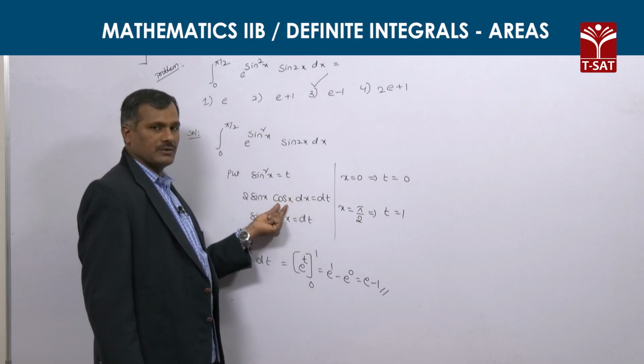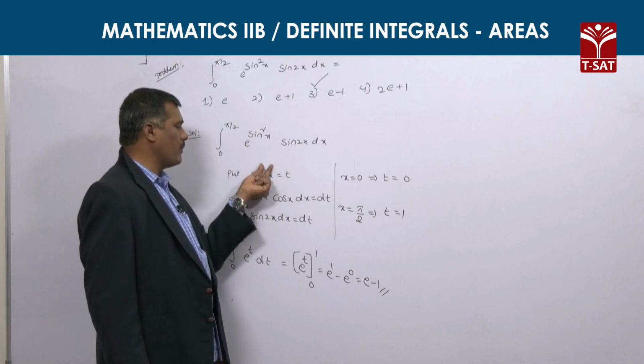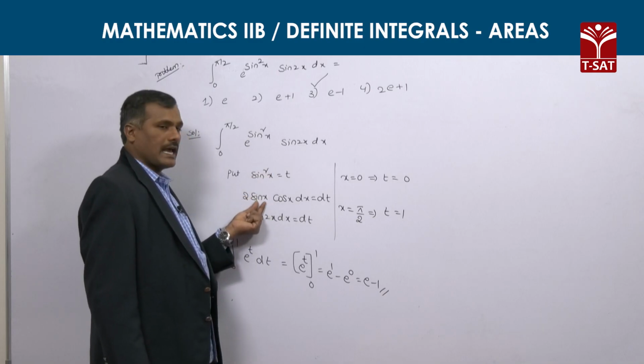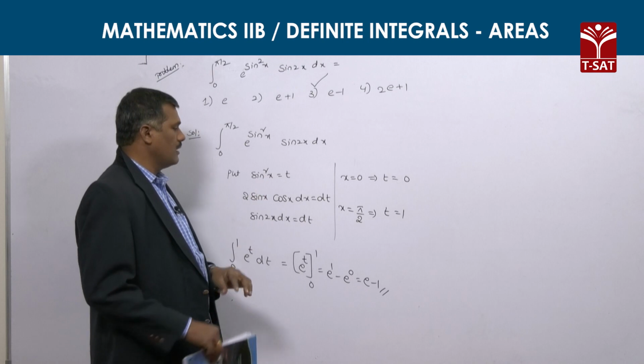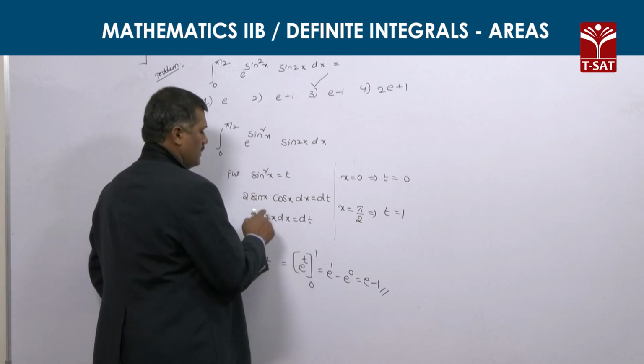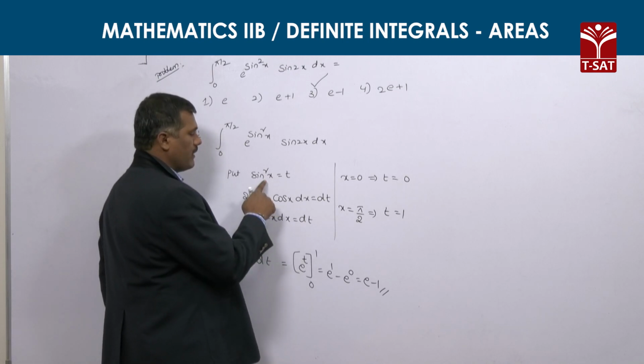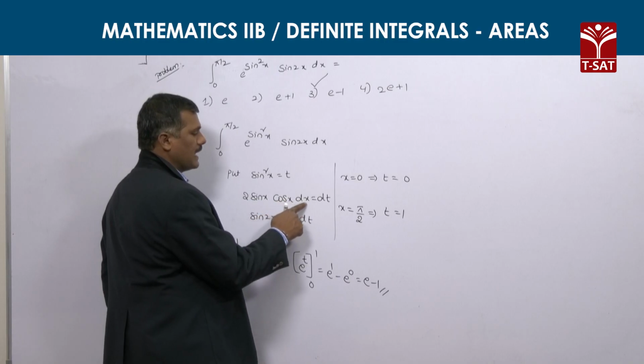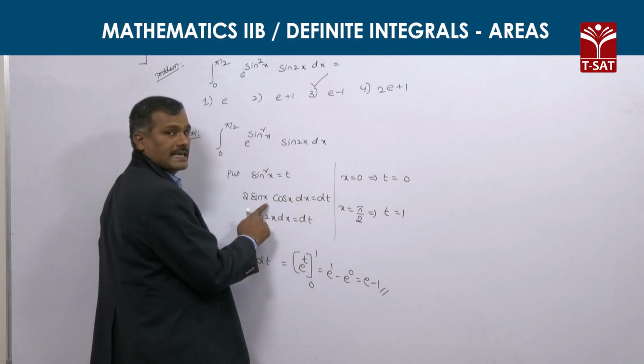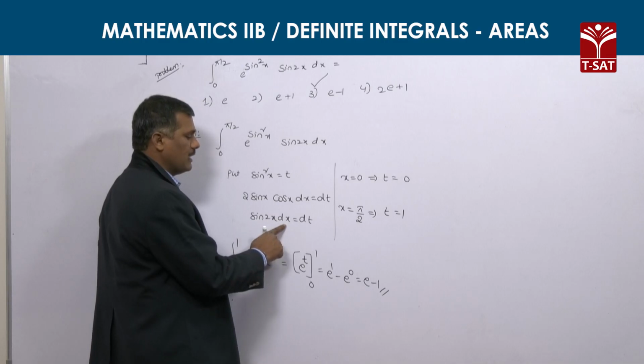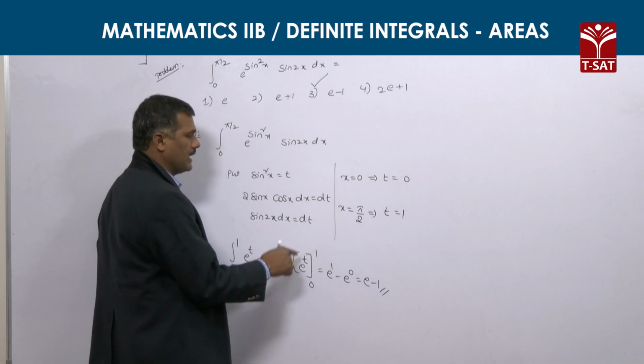Using that formula here, the derivative is 2 into sin x whole power 2 minus 1, that is sin x, into the derivative of sin x, cos x, into dx is equal to dt. 2 sin x cos x, whose value is sin 2x, into dx is equal to dt.